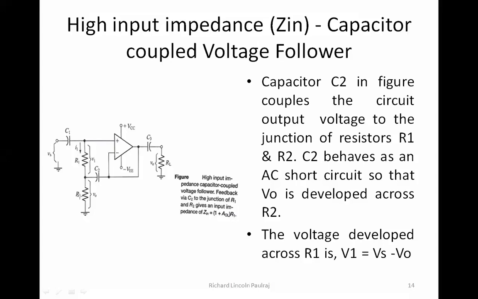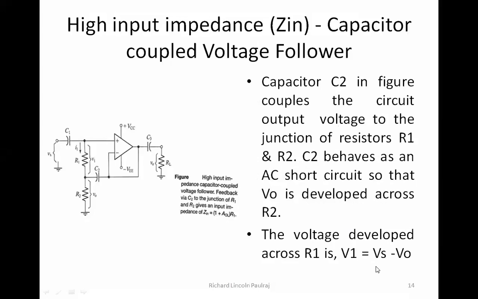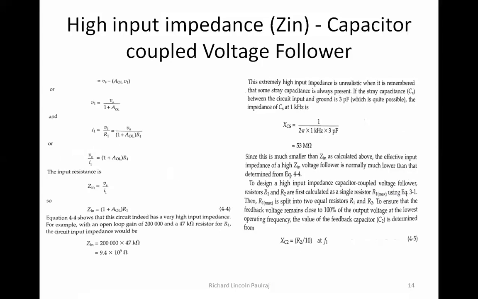The difference between them is amplified. That's the basic concept you need to keep in mind. Moving on, with that derivation, V1 is equal to Vs minus V0. Keep this in mind, please make a note of it.